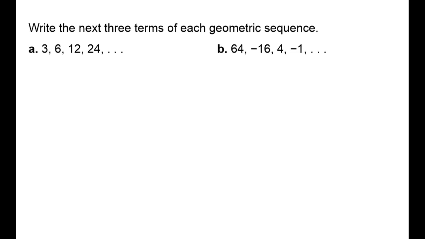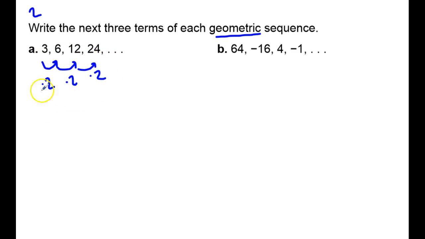Now we're going to look at extending our terms, extending our sequence. Extending just means continuing it on. And this here is example number 2. I'm supposed to write the next 3 terms of each sequence. The first thing I have to do is figure out what is happening to get to the next term. To get from 3 to 6, and I know that these are geometric sequences, so I'm going to be multiplying, I multiply times 2. To get from 6 to 12, I multiply times 2, and I multiply times 2.